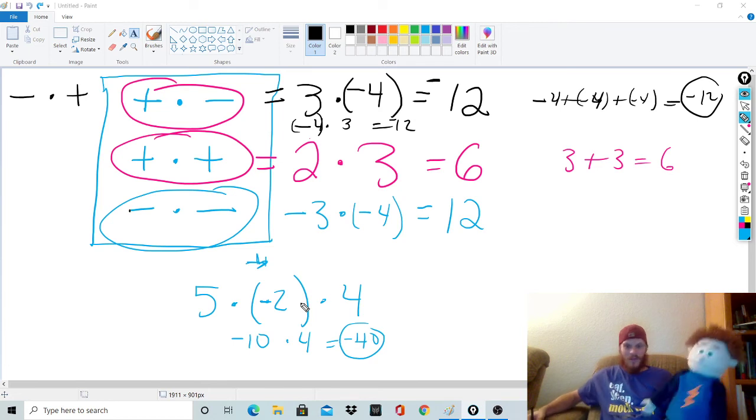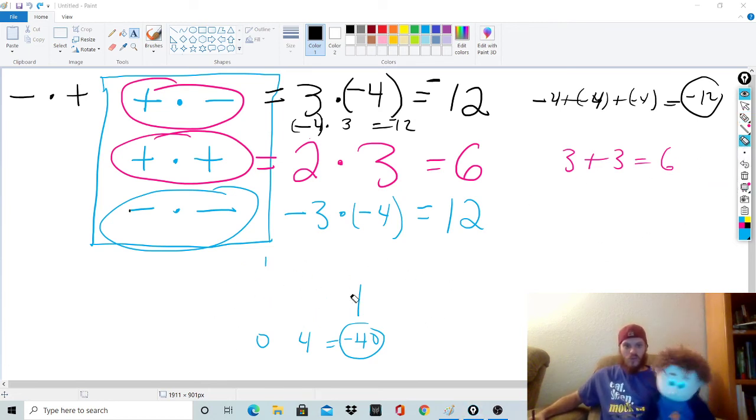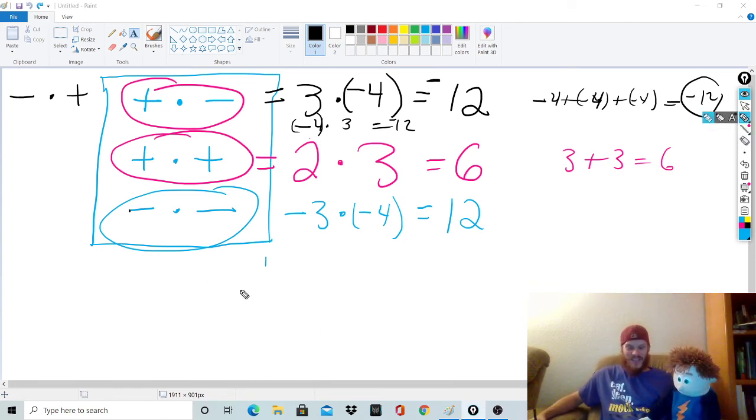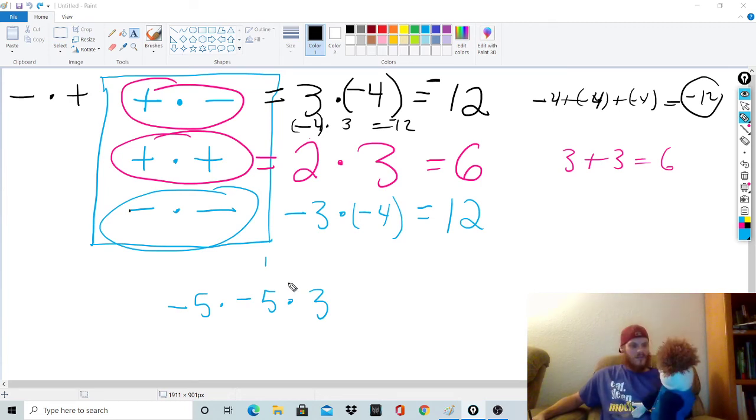You're going to see multiple numbers. You might see something like this, where you might go -5 times -5 times 3. Without doing the math, let's predict. What do you think it's going to be, positive or negative at the end?